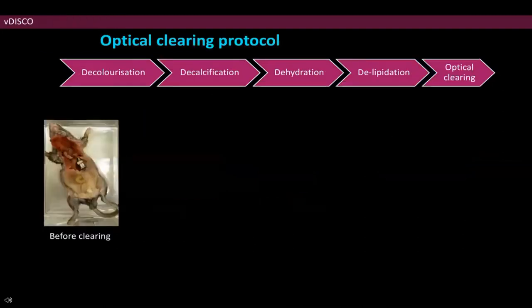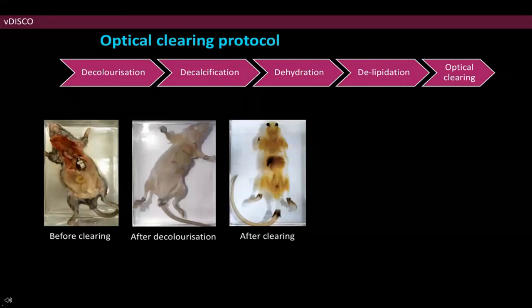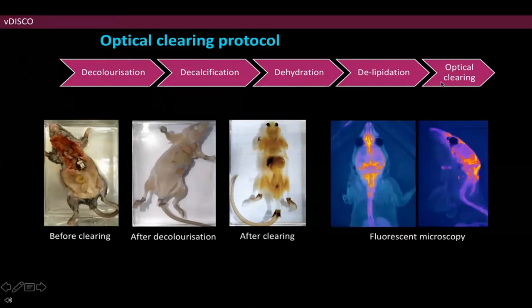Then, if you want to clear not organs, but for example, whole mice, you can also do this with a few additional steps. So here we have used the vDISCO method, and we've performed decolorization and decalcification, and then our regular steps. And here we have also injected a dye in the CSF, and we can now see this in the whole body of the mouse.